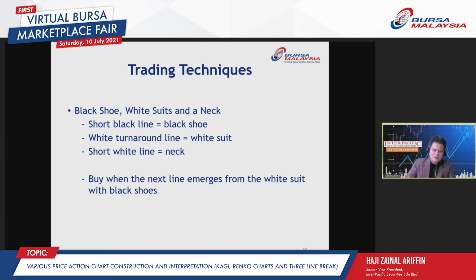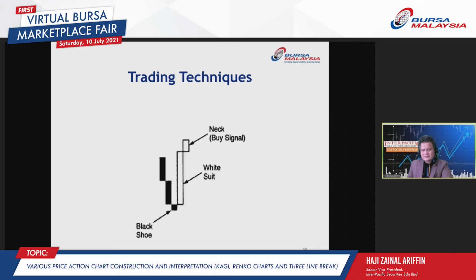Black shoe. Okay, we go one by one first. Black shoe, white suit, and a neck. How does it work? When the market is on the way down like this, the last break is small. That's why we call it shoe.